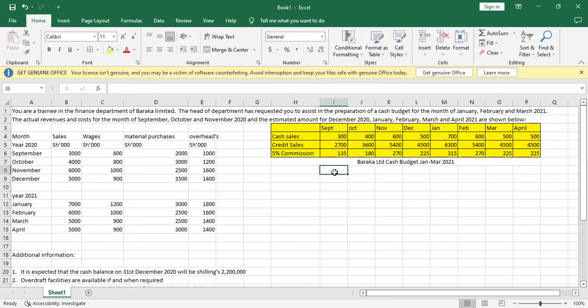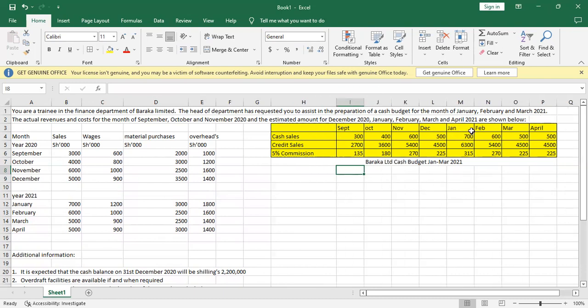So I'll need to get the items. I can have the 3 months here: January, February, and March. So these are the items.